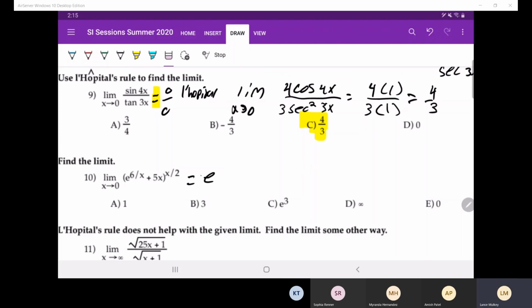Oh, this one wasn't on it? I'll go graph it, because I don't like that question. It doesn't exist because you have 6 over 0, and that's impossible. Okay, I'm glad he didn't put it on it. Y'all would have been crying.